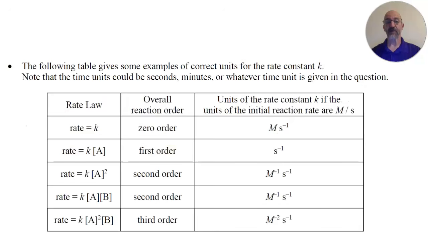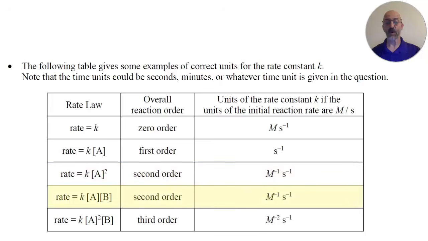All right, this is a summary of the units for the rate constant for some rate laws. So for example, assuming that we have molarity per second for the reaction rate units, if it's 0 order, then K would be molarity per second. If it's a first order rate law, then the units of K are just inverse seconds or inverse time in general. If it's a second order rate law, then the units of K are molarity to the negative 1, seconds to the negative 1.